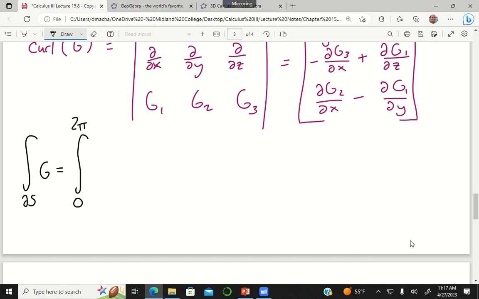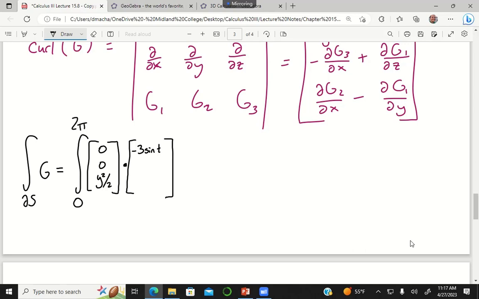I have to think about how to do a path integral over a parametric curve again over a vector field. So this is y squared over 2, right, for my G vector field. And then we do the dot product, not the dot product with the parametric curve itself, but with the derivative. Remember, you take the derivative of the parametric curve. So the derivative of 3 cosine t is going to be negative 3 sine t.